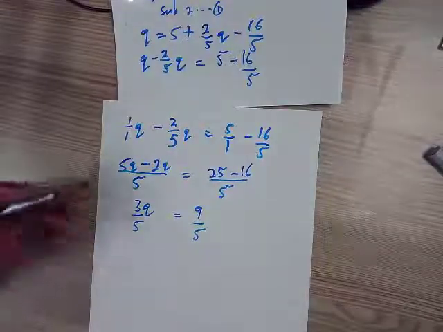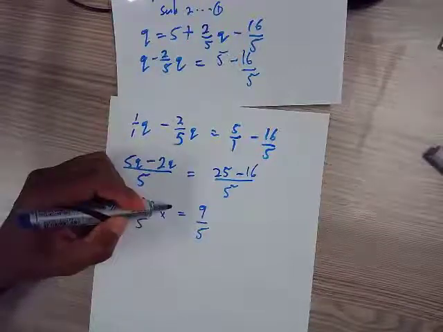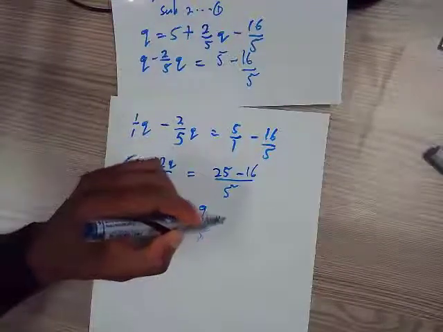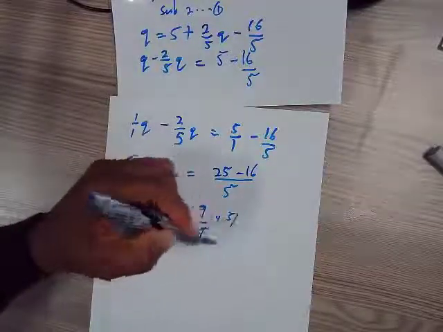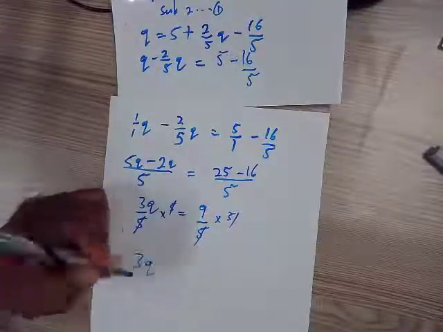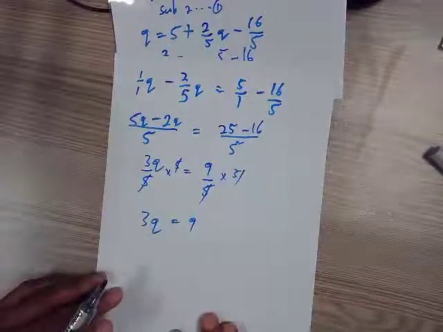Okay, so here you can just get rid of the 5s by multiplying both sides by 5 over 1. That will cancel that, that will cancel that. You'll be left with 3q equals 9, right?